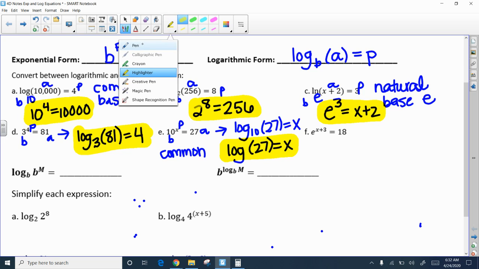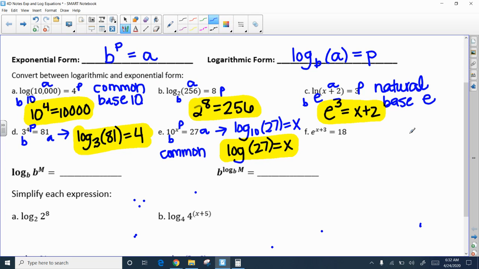it's a common logarithm. All right, and F, we have e to the x plus 3 power equals 18. So notice I just said e to the x plus 3 power. So this has a base and a power, which means it is exponential. So if it's exponential, I'm going to have to change it to logarithmic form.